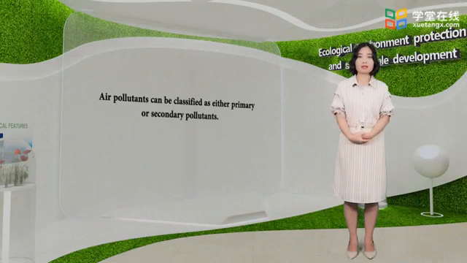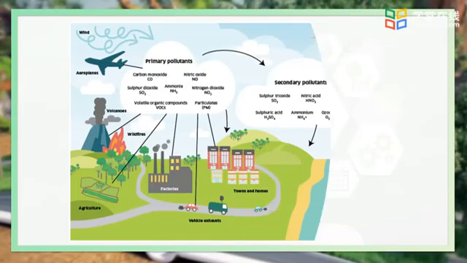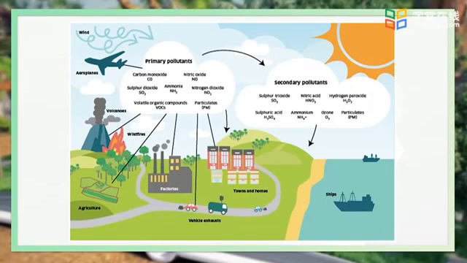Air pollutants can be classified as either primary or secondary pollutants. A primary air pollutant is a chemical added directly to the air that occurs in a harmful concentration.